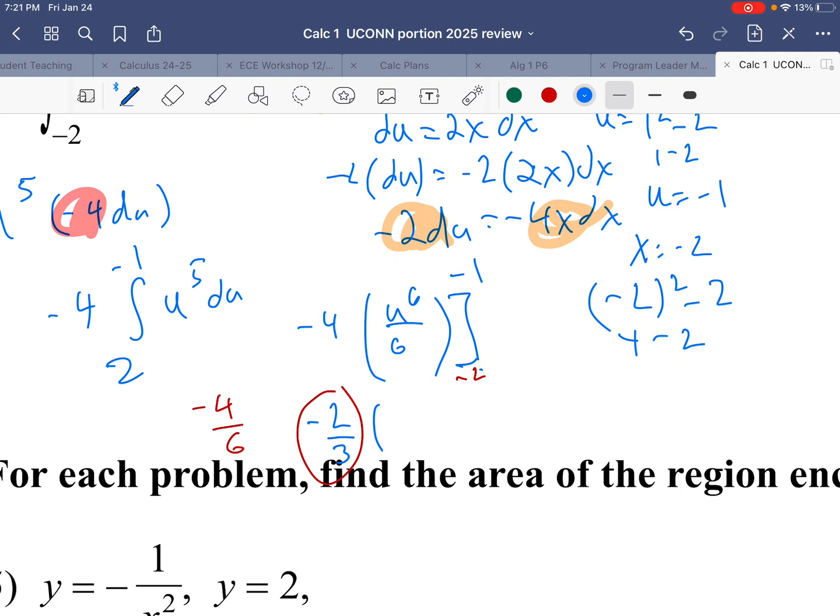And then I'm just evaluating u to the 6th, so it's like negative 1 to the 6th minus 2 to the 6th. So this would become negative 2/3 times negative 63. These would cancel. And I get negative and negative would be positive. This would be 42.